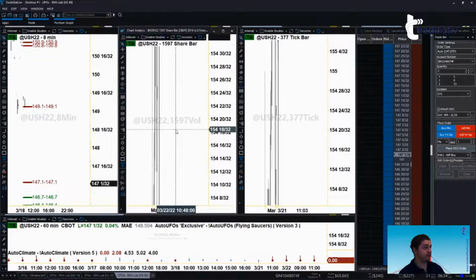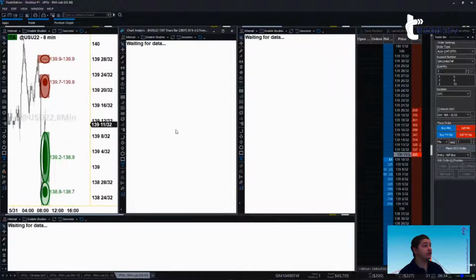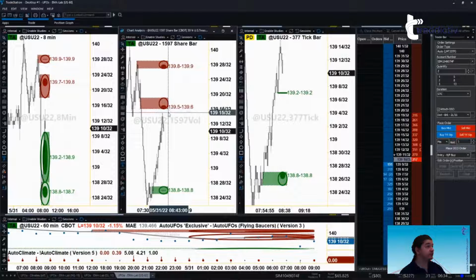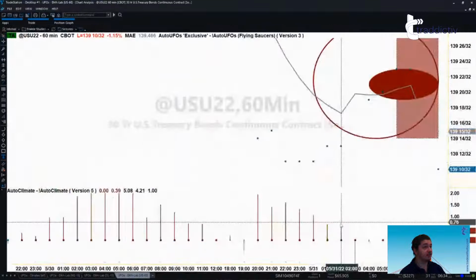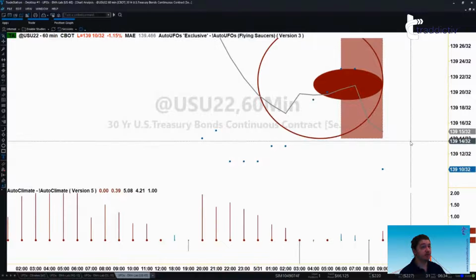We are on the September, so therefore that is the US U22. Yeah. Okay, there we go. Ooh, missed it by 1/32, if that's where it is. Let's see. Not quite. No, it's quite far.